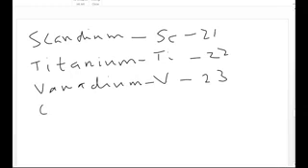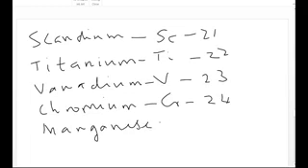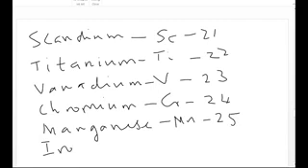We have chromium, Cr, number 24. We have manganese, Mn, number 25. Can I continue? We have iron, Fe, number 26.